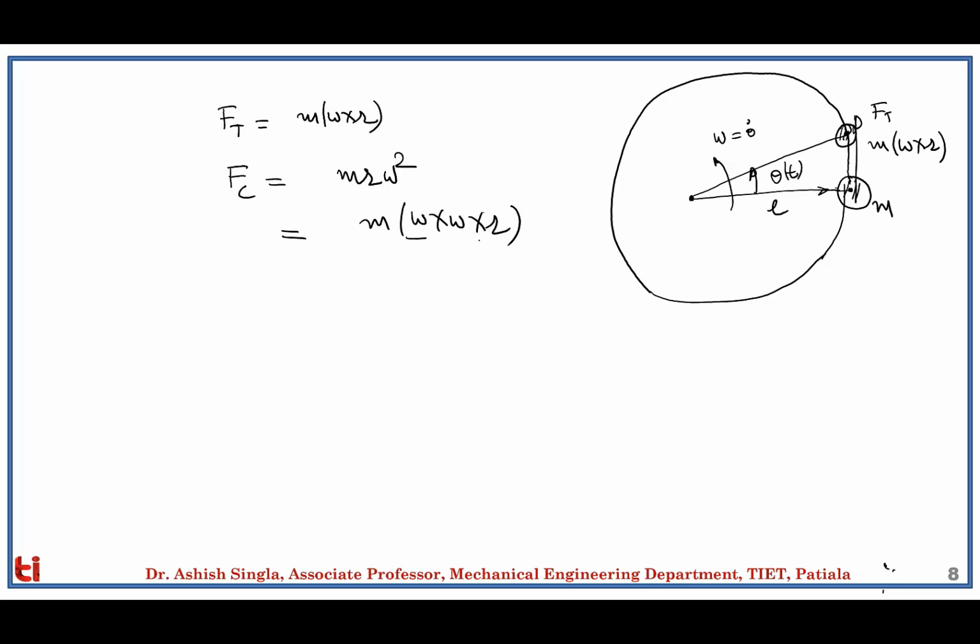Omega cross r we have already taken, which is the force in the upward direction. So we take one more cross product, omega with omega cross r. Because omega is outside the plane of the paper and omega cross r is upwards, if we curl our fingers from omega to that force, the thumb will point inwards, towards the left. That's why the sign is always towards the inside.